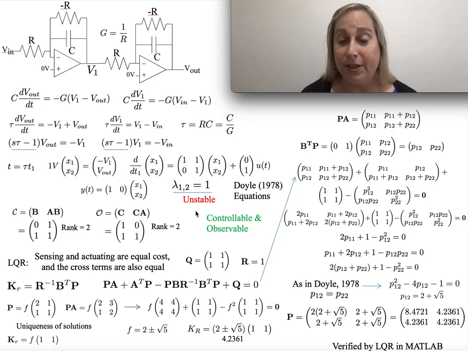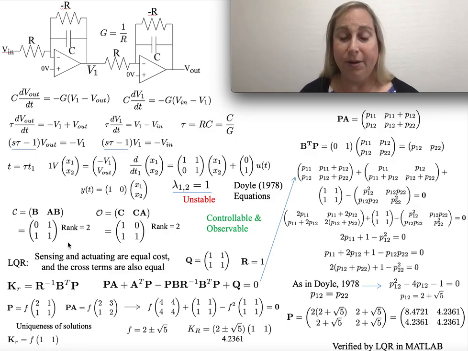I do want to go through this a little bit because this entire equation set fits this circuit. And yes, if you look at the eigenvalues of this matrix, indeed, you have two unstable eigenvalues that are both at 1. It turns out this is both controllable and observable. You can put those together and get those structures out. And all of that works well. And you're like, this is great.